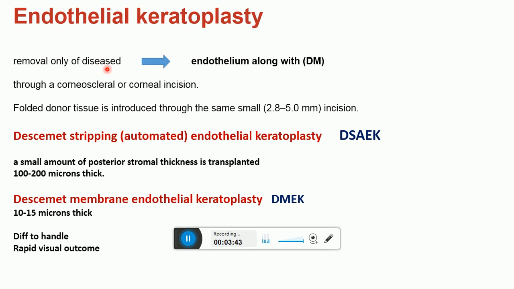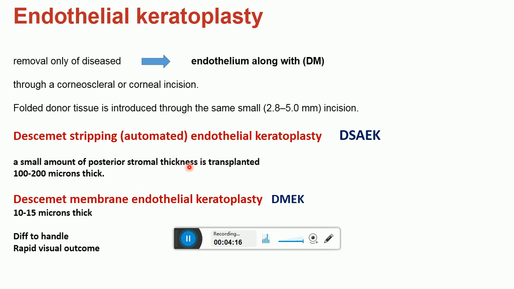Folded donor tissue is introduced through the same small 2.8 to 5 mm incision. Descemet stripping automated endothelial keratoplasty uses an automated microkeratome to prepare donor tissue and is currently the most commonly performed technique.